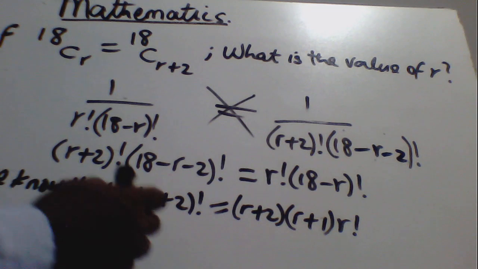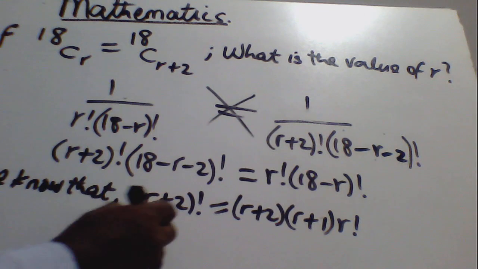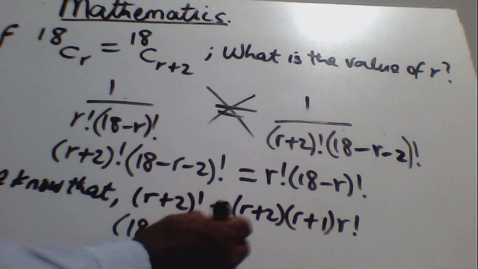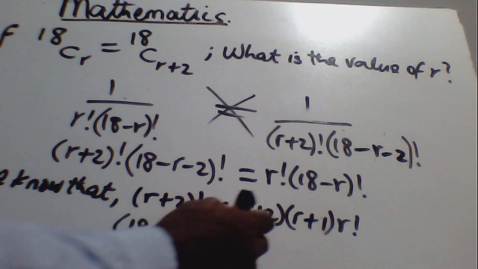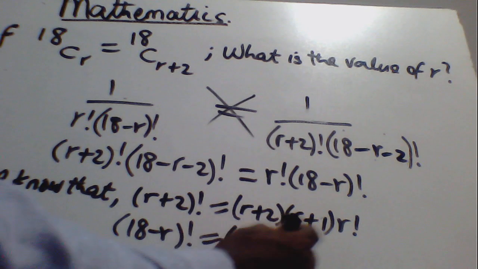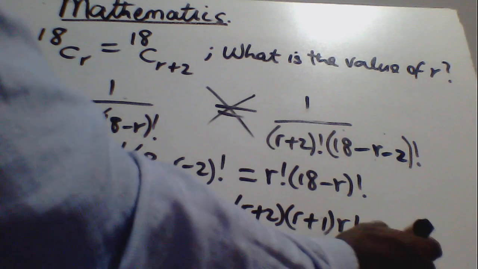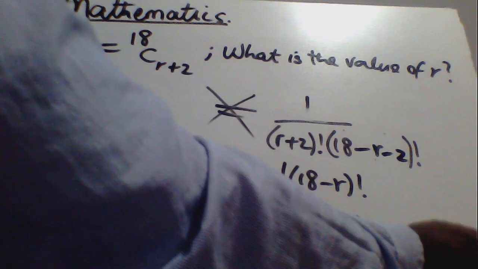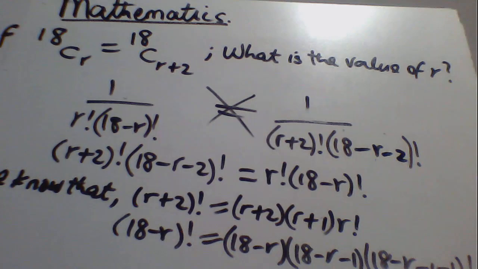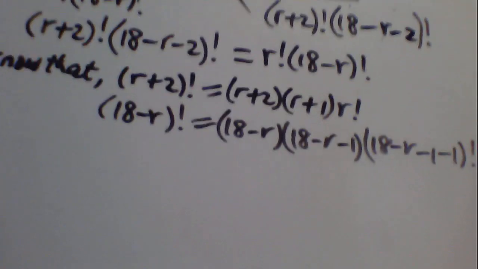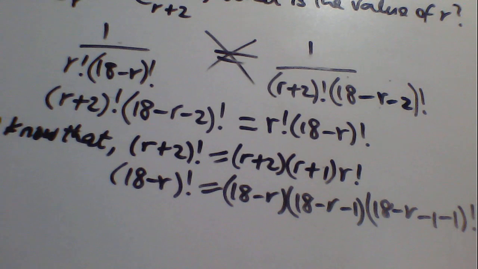The next is to know that (18 minus R) factorial is equal to (18 minus R) times (18 minus R minus 1) factorial. Once you arrive at this point, the next thing is to simplify.